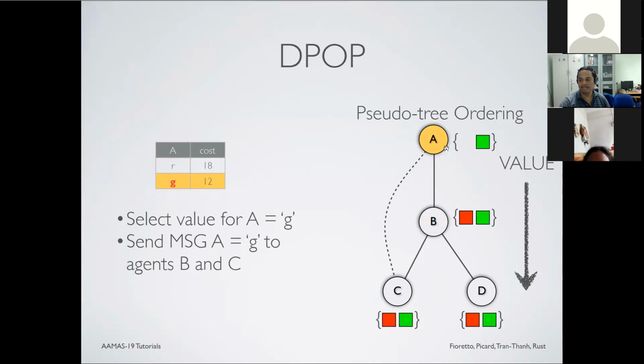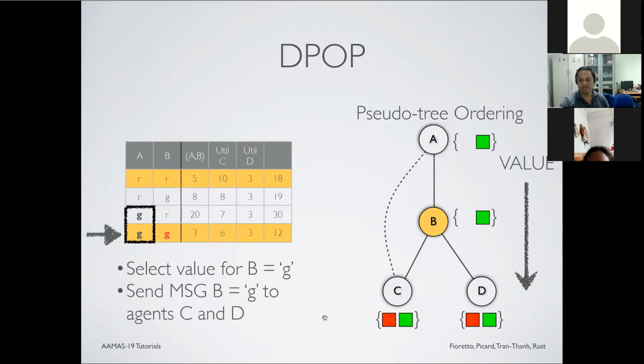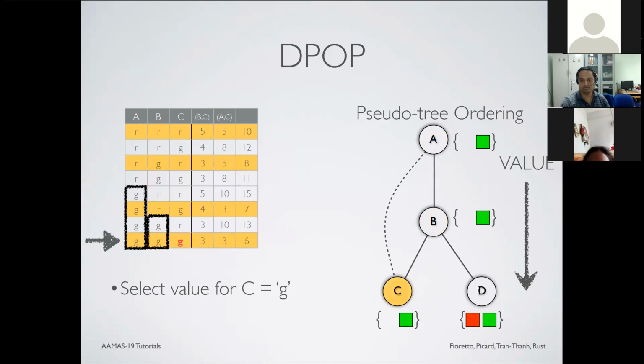Select A as green, match this value to B and C agents. From here, you will get the minimum one, while D is green and C is green.